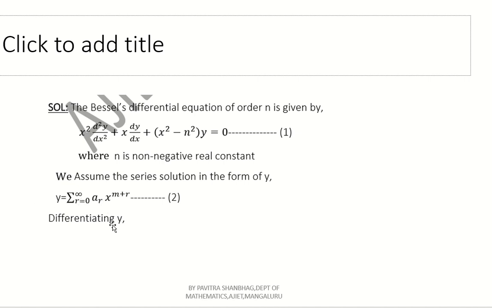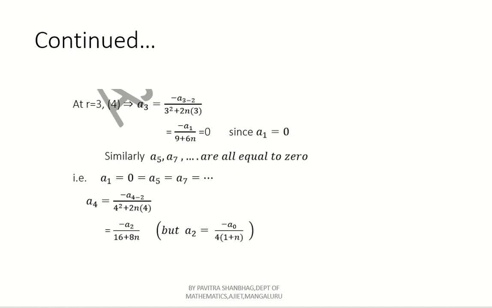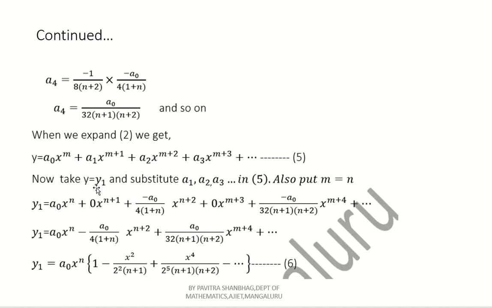Just expand it: a0 x power m plus a1 x power m plus 1 plus a2 x power m plus 2 plus a3 x power m plus 3 and so on. Call it equation 5.